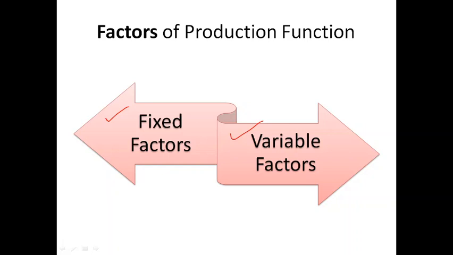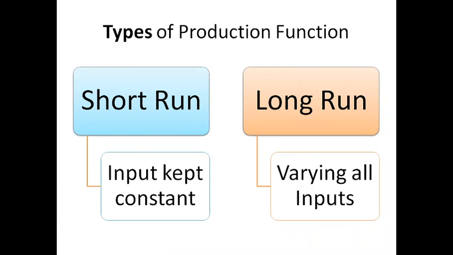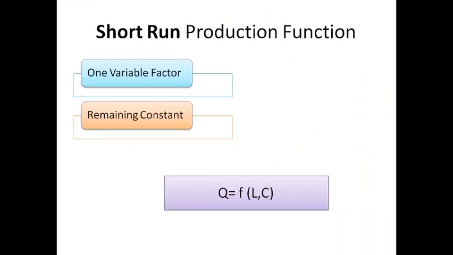Now, the types of production function: short run production function and long run production function. In short run production function, some inputs are kept constant, and in long run production function, all inputs are variable. In a detailed study of short run production function, we can change only variable factors like raw material, labor, etc. Fixed factors like machine, building, technology cannot be changed.